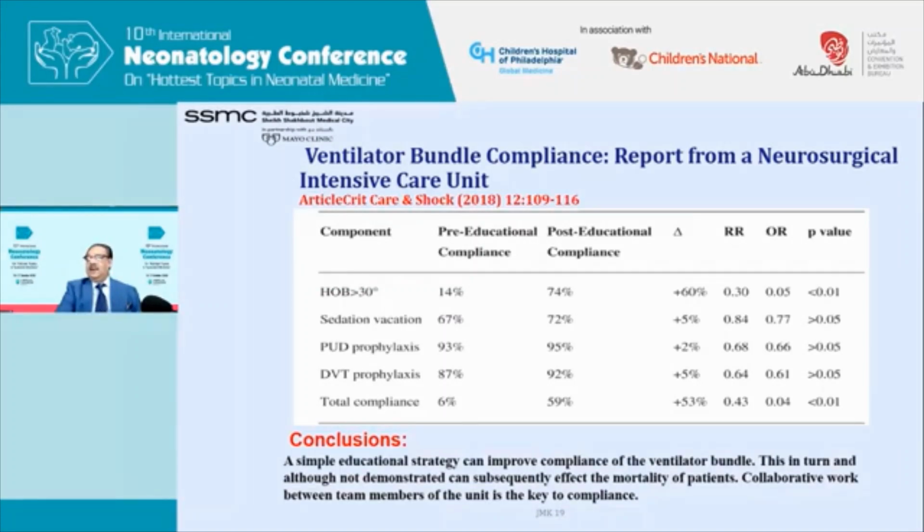This in turn, although not demonstrated, can subsequently affect the mortality of the patient. Collaborative work between team members of the unit is the key to compliance. So all the p-values are in favor of the post-educational compliance; the compliance increased. And as I said in my previous slide, if the compliance increases, the chance of the outcome being better is very, very high.